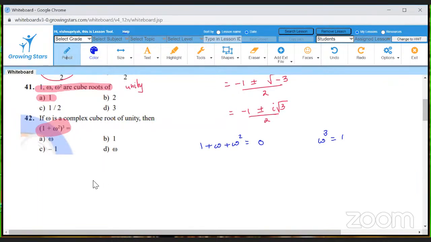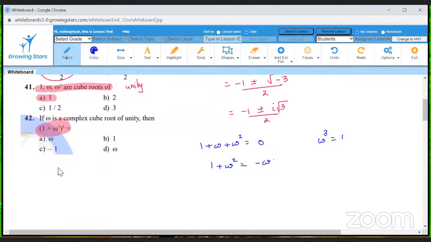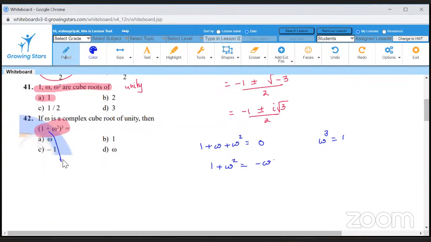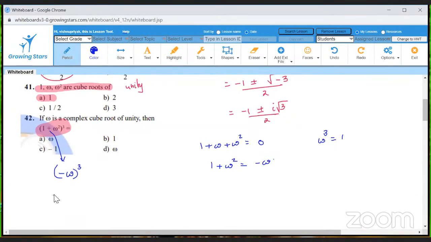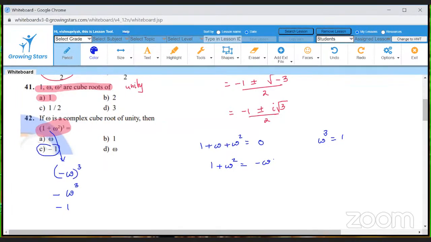These two formulas I gave you. So from this, 1 plus omega square is minus omega. I will write here minus omega and then I will cube it. So I will have minus, because it is cubed, and I have omega cube. I know omega cube is 1. So minus 1 will be the answer. Answer is C.